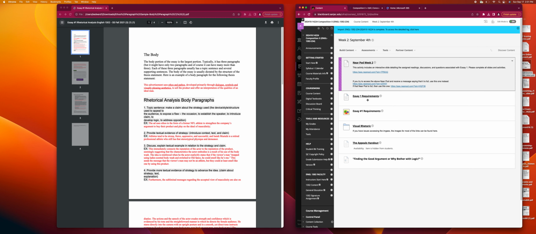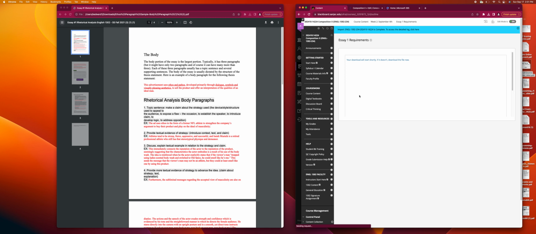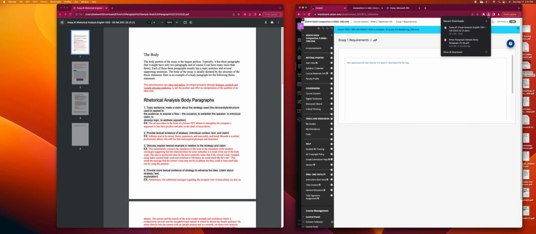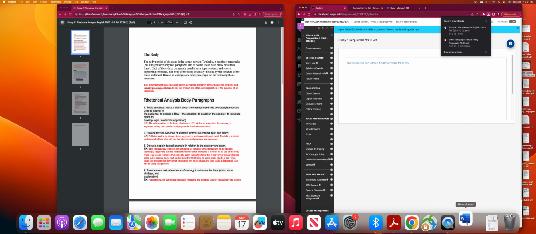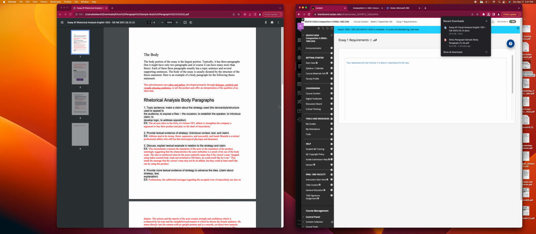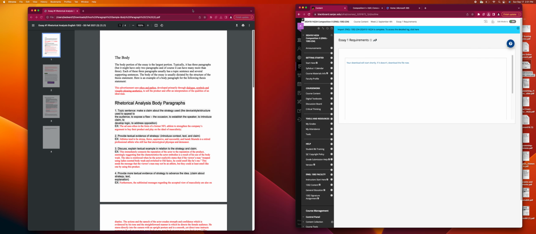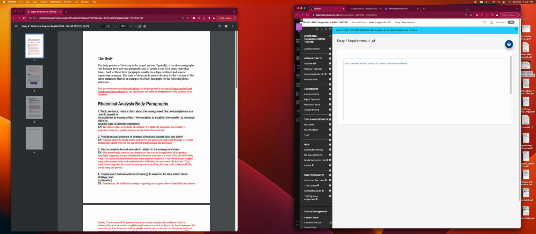Go to the week 2 module, go click on Essay 1 requirements, open up that document, take a look at it. If you have not read that document in its entirety, I would suggest that you do so, simply because that document is going to give you details as to what you are required to do, and it also gives you an outline for your essay.